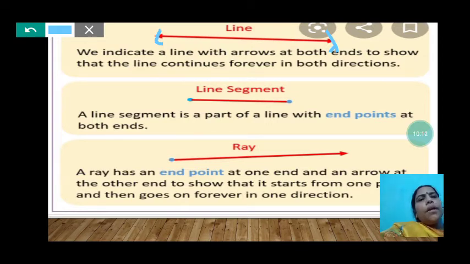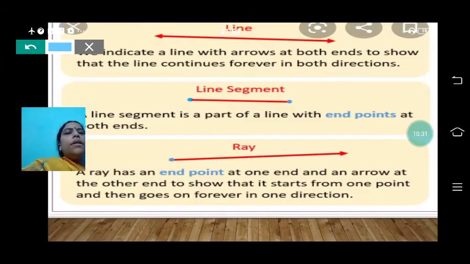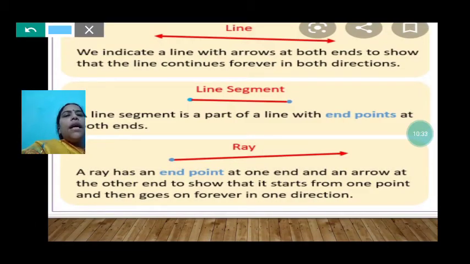Now a ray has an endpoint at one end and an arrow at the other end to show that it starts from one point and then goes on forever in one direction. So what do we know from this? That a ray has one endpoint.